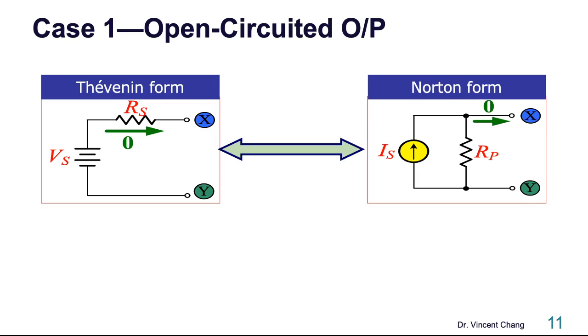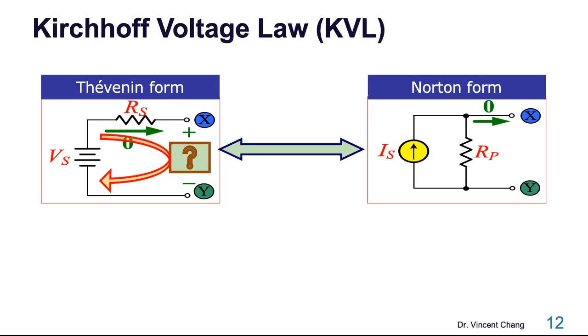So when the output is open, what's the open circuit output voltage? Based on Kirchhoff Voltage Law, KVL, on the left, because the current is zero, there's no voltage drop across Rs. So it should be Vs.